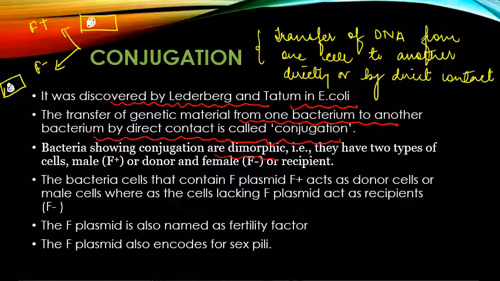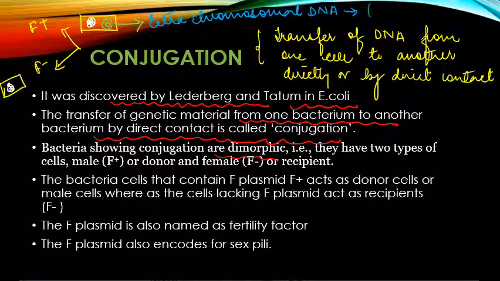In F positive bacteria there will be the presence of extrachromosomal DNA, meaning apart from the main genetic DNA, this is another DNA, and that is what we call a plasmid, also known as the F factor.